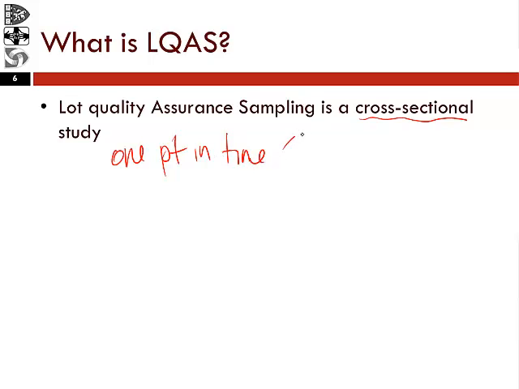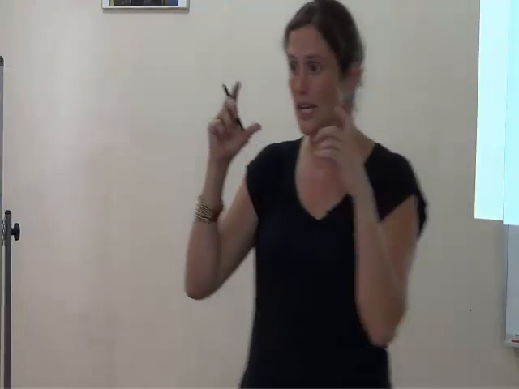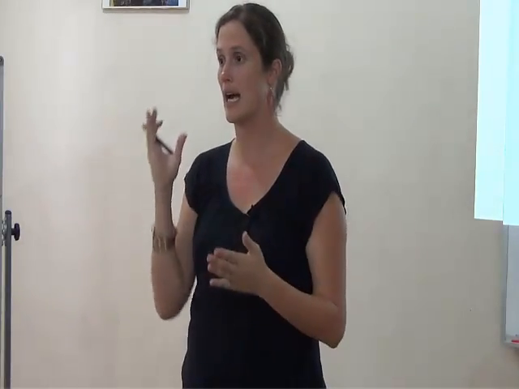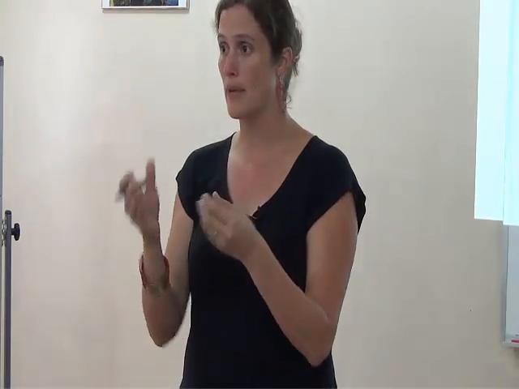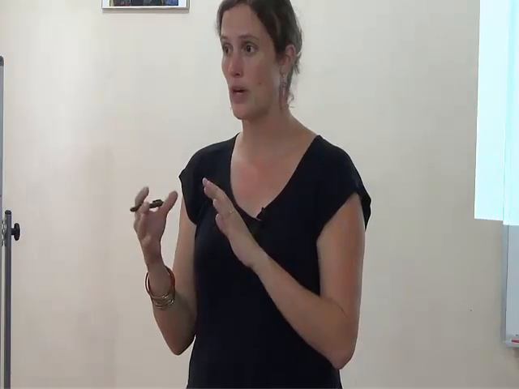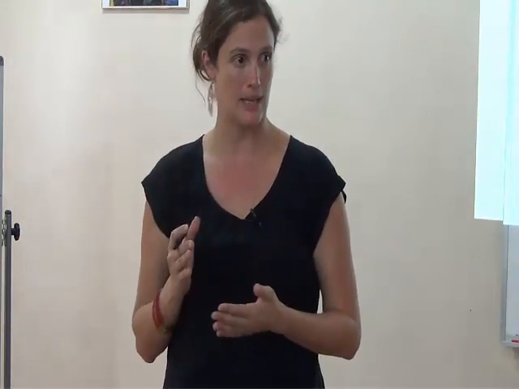And you can look at multiple exposures or multiple outcomes, as Pierre said. But really the feature of a cross-sectional study is it's like taking a photo. It's one point in time. I'm going to go into my population and randomly choose some people and look at what are their outcomes and what are their exposures at that point in time.